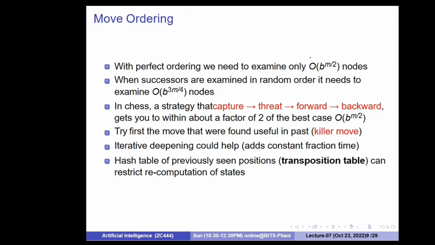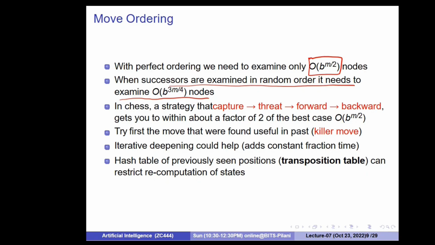As we have understood, it examines a lesser number of nodes. However, when the successors are examined in random order, it needs to examine only order of b to the power 3m by 4.